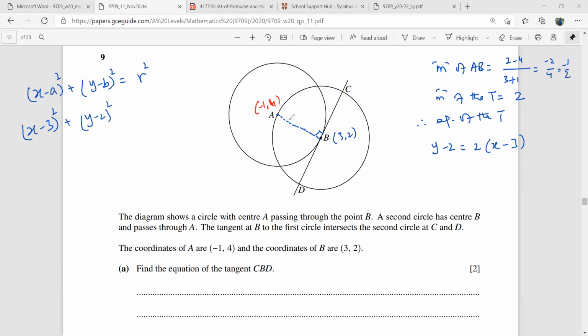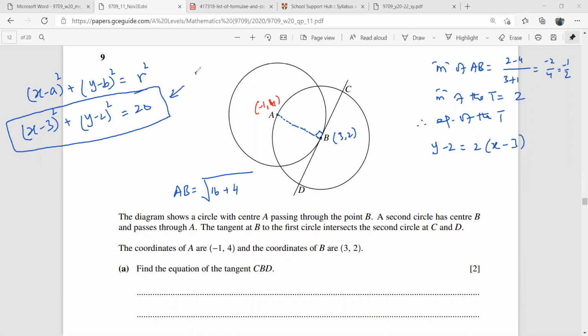And let's quickly find this length AB. The length AB is going to be the square root of 3 plus 1 square, which is 16, and 2 minus 4 is minus 2, square is 4. That is under root 20. And when you square that, that is going to be 20. That is your B part's answer, the equation of the circle whose center is this point B.